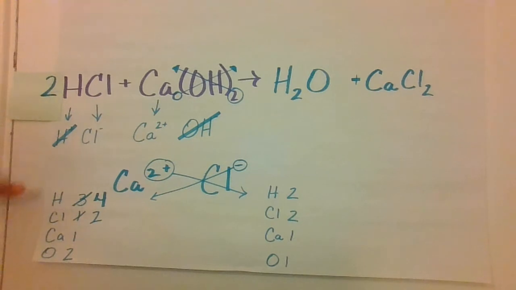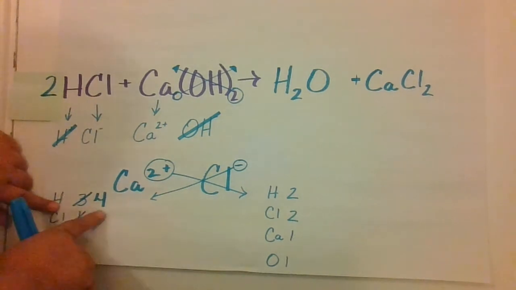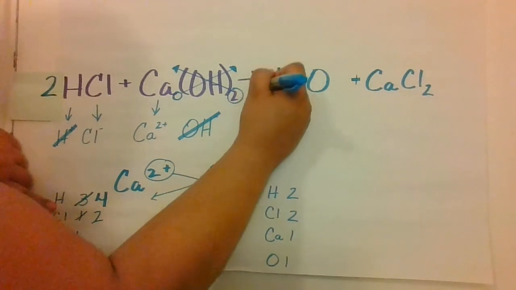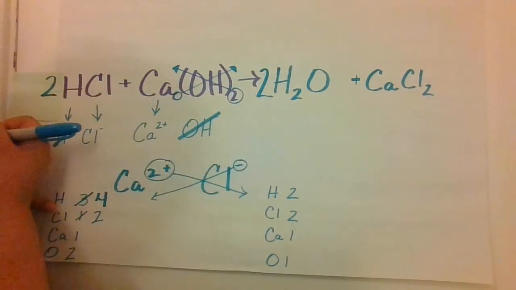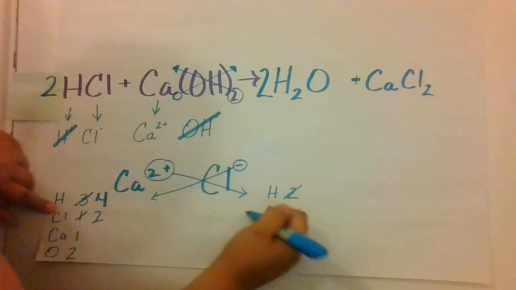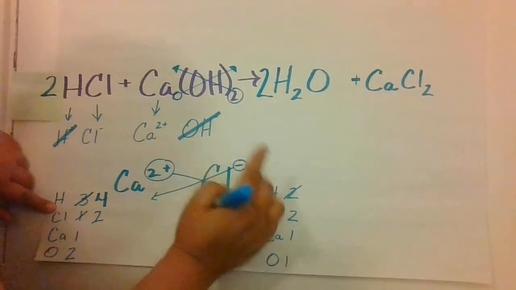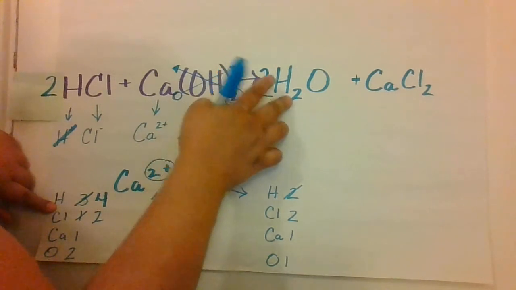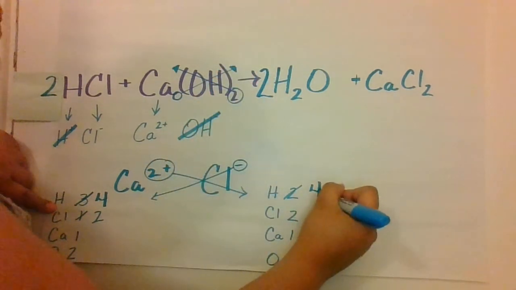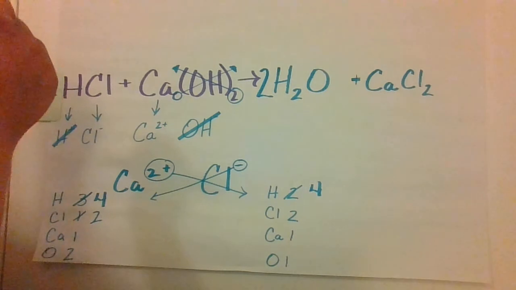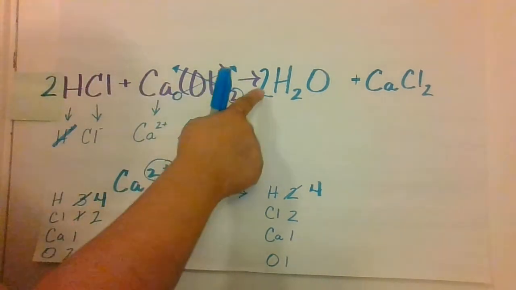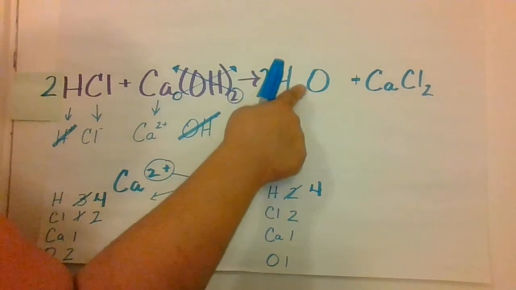If we adjust our hydrogens to get them equal, adding a 2 in front of our water molecule would change my number of hydrogens from 2 to 4, because we now have 2 times this 2, which gives us 4. We also need to adjust our oxygen in that same step because it is attached to this H2.